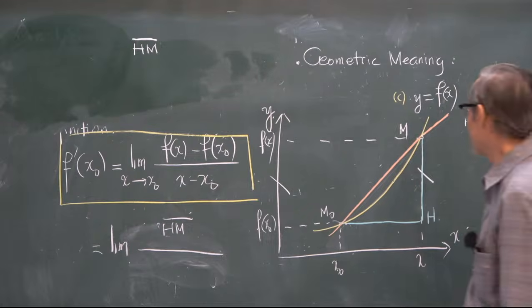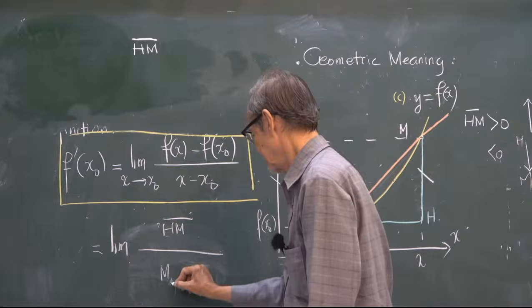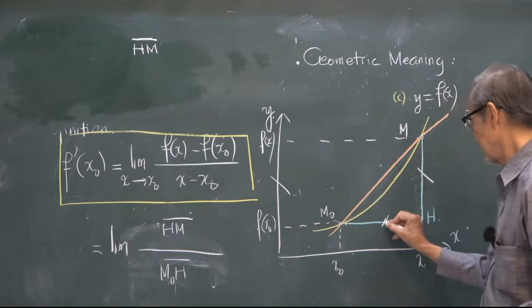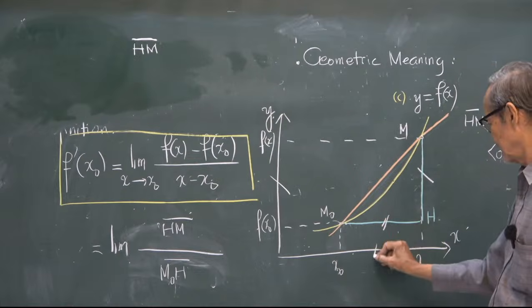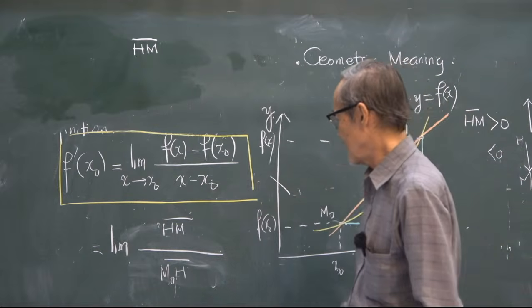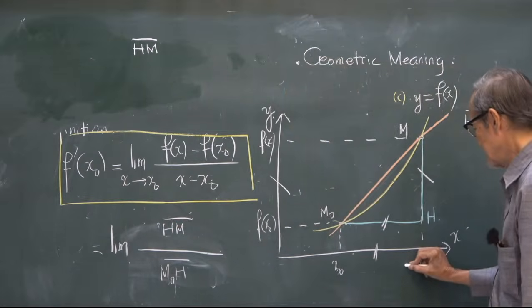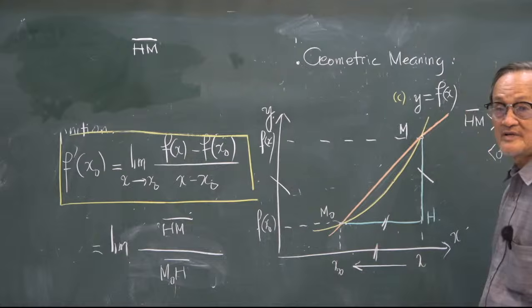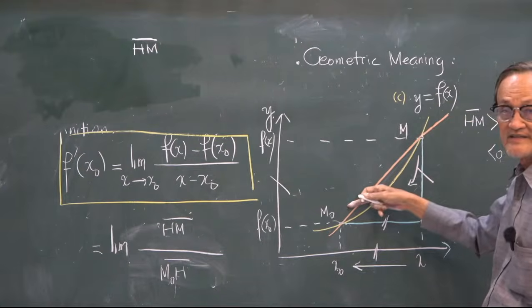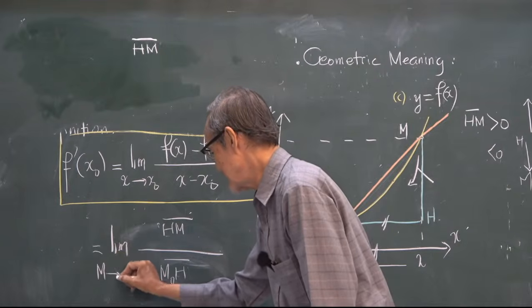Okay, and M0H algebra. M0H equals x minus x0. When x tends to x0, we have M moving on the curve to M0. M tends to M0.